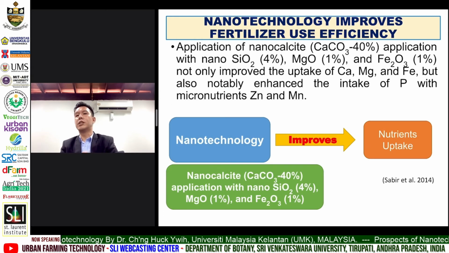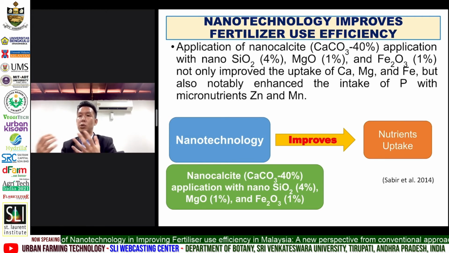Next, in a study by Sabah et al. 2014, the application of nano-calcite with nano silicon oxide, magnesium oxide, and iron oxide not only improved the uptake of calcium, magnesium, and iron, but also enhanced the uptake of phosphorus and the micronutrients zinc and manganese, which directly improves the fertilizer use efficiency.